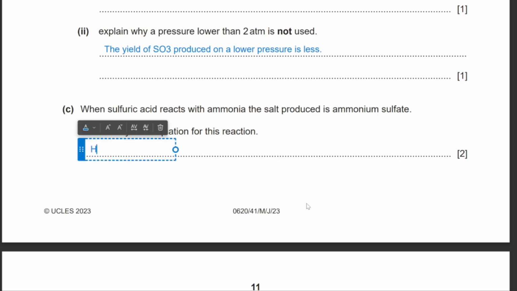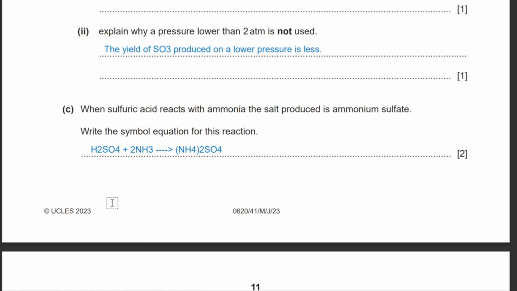That would be H2SO4 plus NH3, and it gives us (NH4)2SO4. Due to the cross multiplication of the charges, we would have 2 outside of the bracket, SO4, and this would be 2 to balance out the equation.